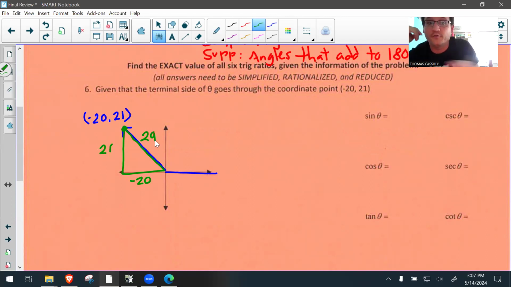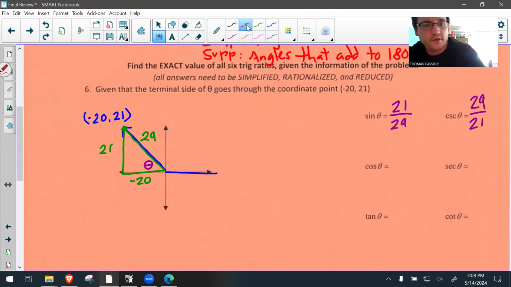And then they want us to fill out the ratios here. For theta, this is theta right here. Right? So this should go quick. So the sine is the opposite over hypotenuse. So 21 over 29. Flip it upside down, you got the cosecant, which is 29 over 21.